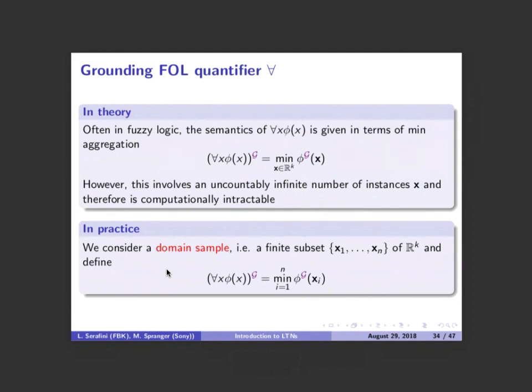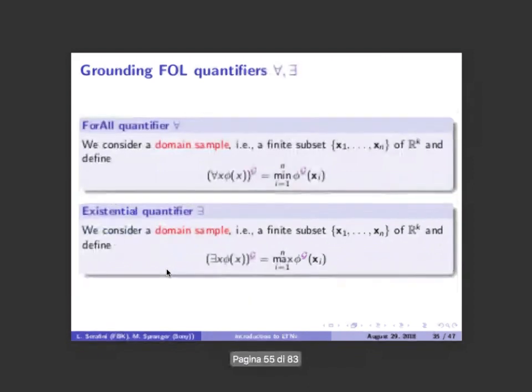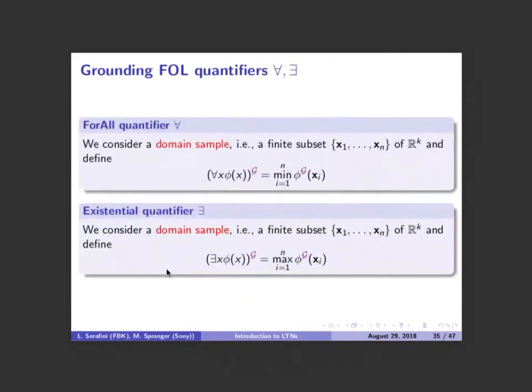So we take a finite subset of values, and then if we want to calculate for all X, phi of X, then we take that minimum value for those data points available. And equally for the existential, then it's the maximum value because it corresponds to disjunction, right? Within that domain. So that is an interesting distinction from classical logic.